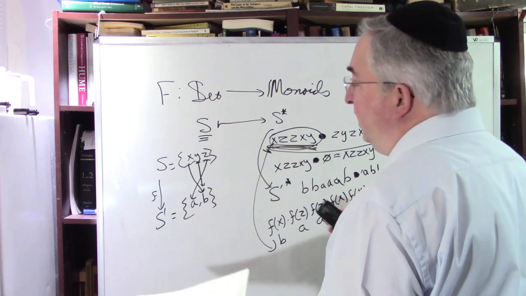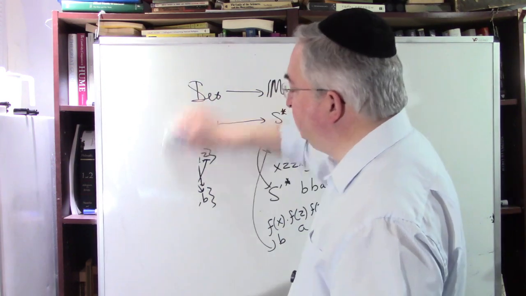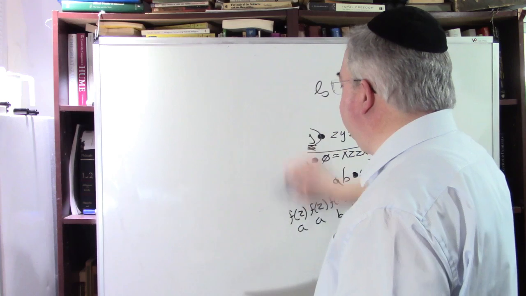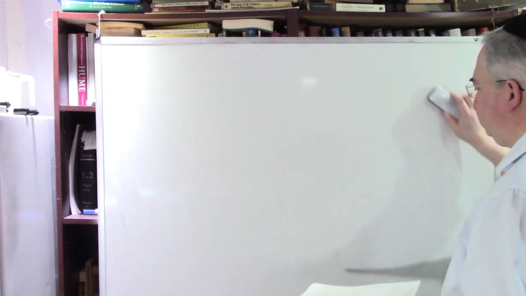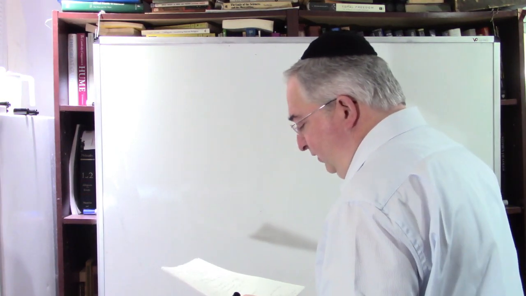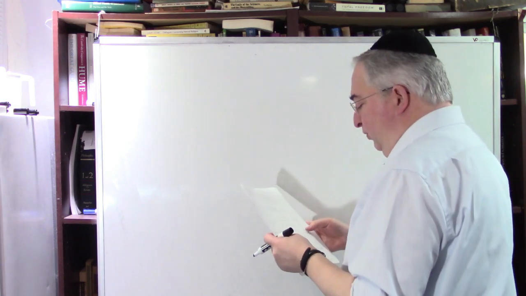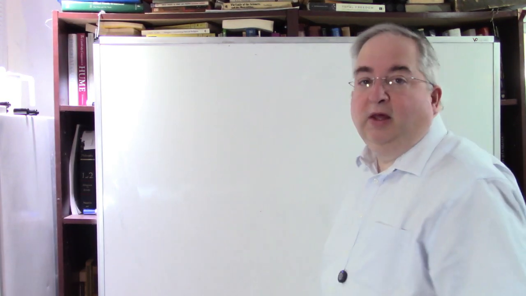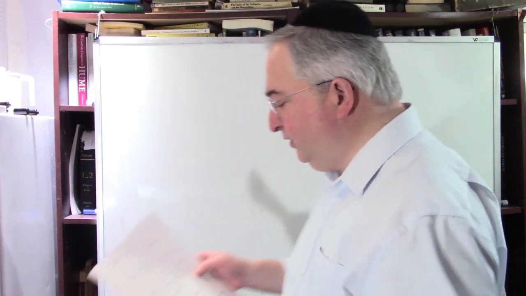It shows up in algebra, and it shows up in computer science, and probably other places too. Now, we just saw like 5 or 7 different examples of functors. We're going to see a lot more examples of functors.